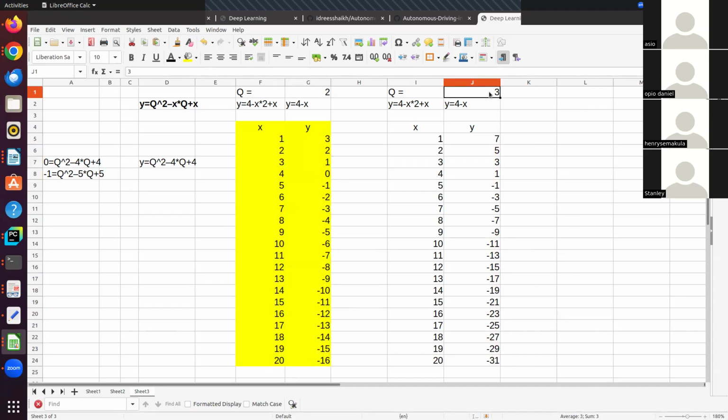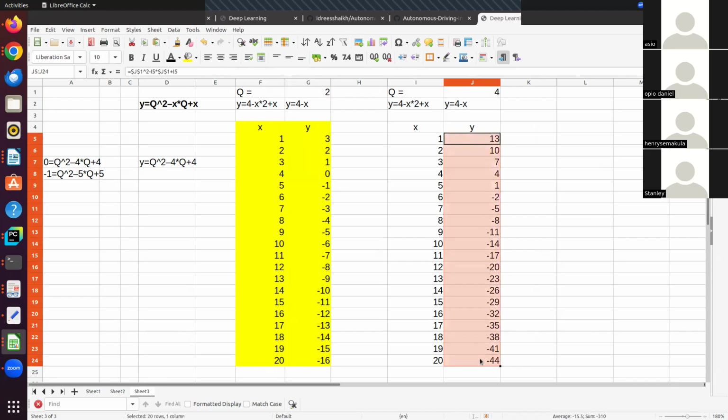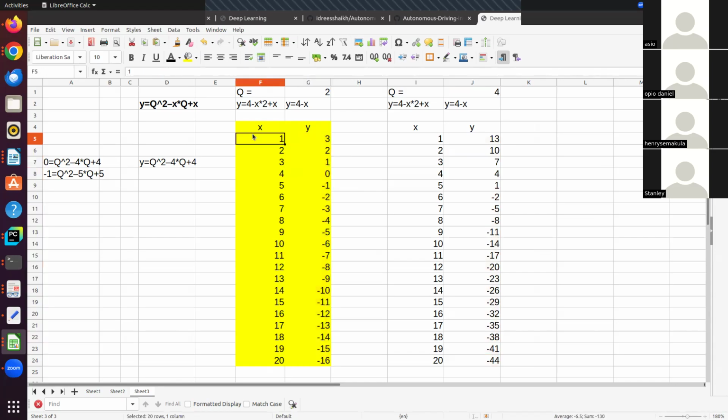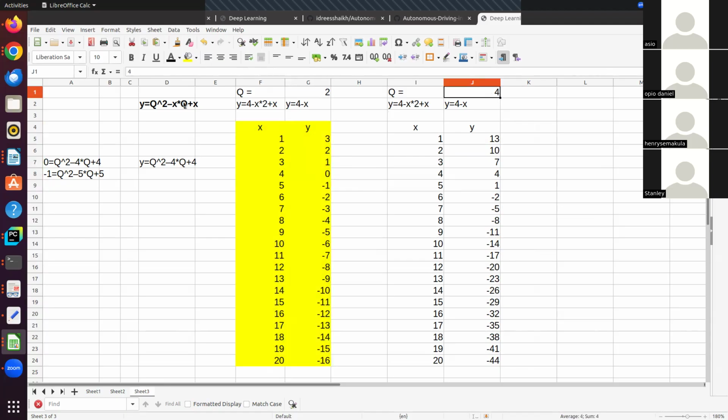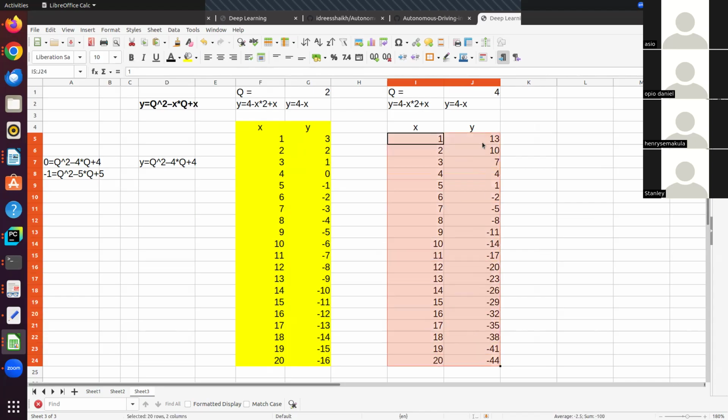If we assume Q is 4, we recognize that those numbers don't really match what we see in the sample. That's what we see in real life. This relationship doesn't hold with Q equal to 4, because those numbers are very different from those ones.